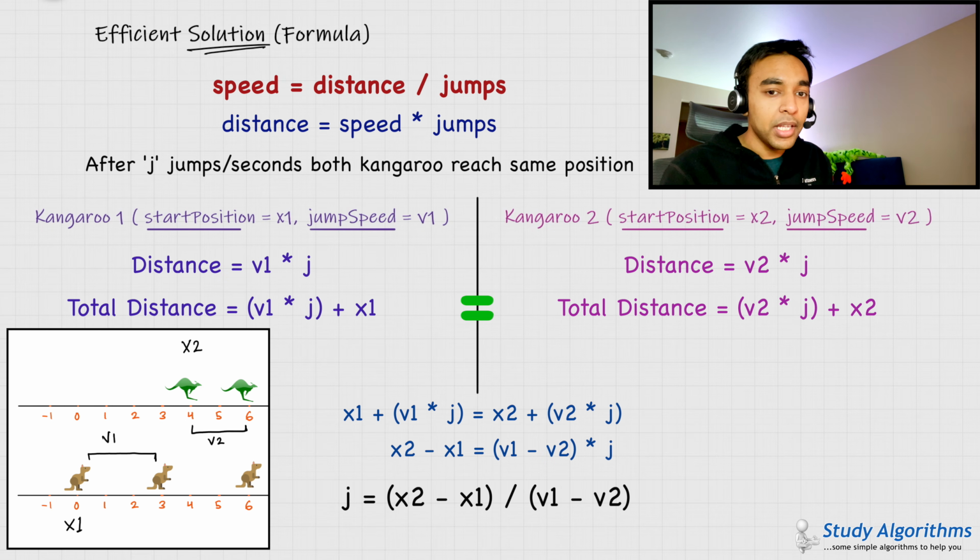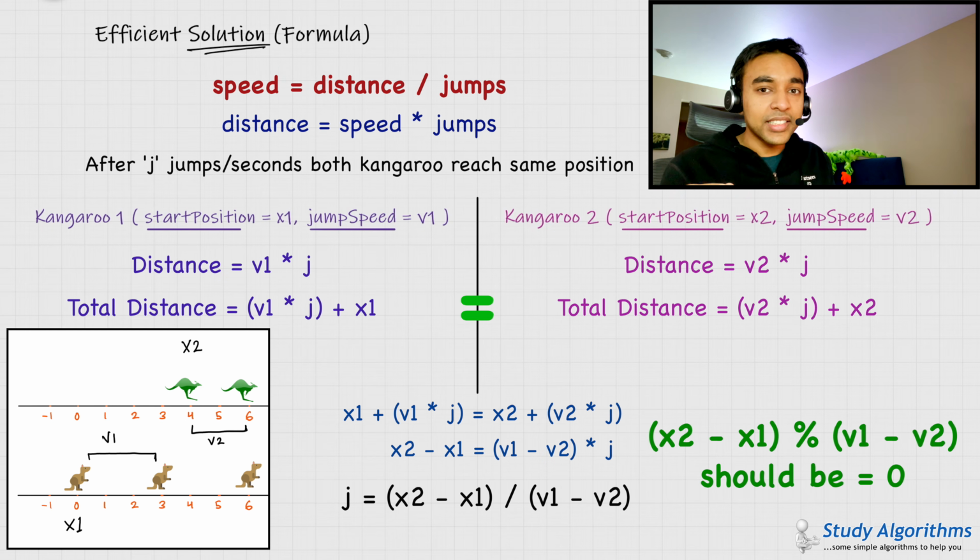Hence, what I mean by that is x2 minus x1 modulo v1 minus v2 should be equal to 0. If we can achieve this condition, then both the kangaroos can appear at the same place after some j number of jumps, and hence you can return yes. If this formula leaves a remainder, then these kangaroos cannot meet, and hence you just need to return a 0.